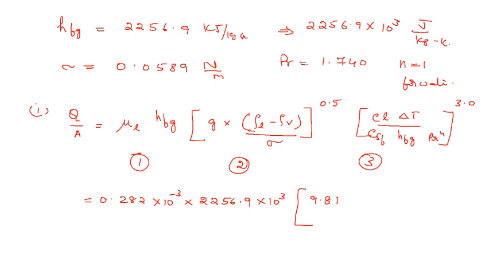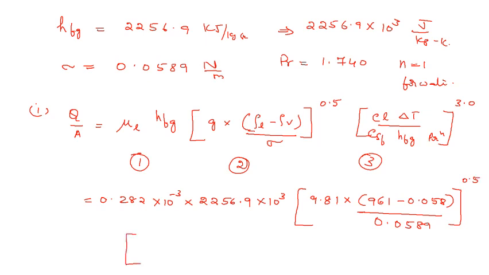G value is 9.81 into 961 minus 0.058. That is the density of the vapor, the density of the steam, which is very, very small. In many cases, this part can be neglected. This is divided by surface tension, which we took as 0.0589, and it is to the power 0.5.